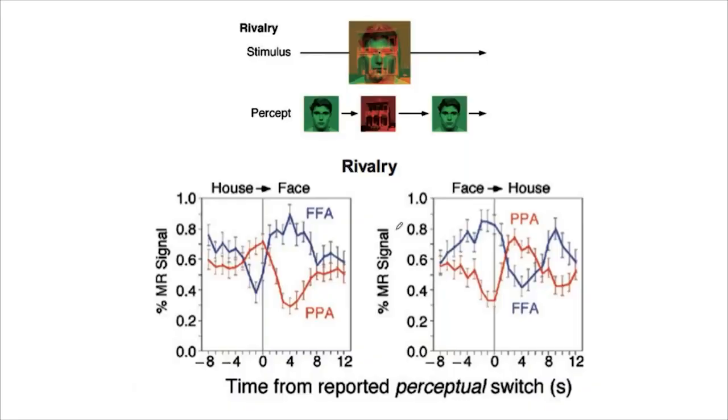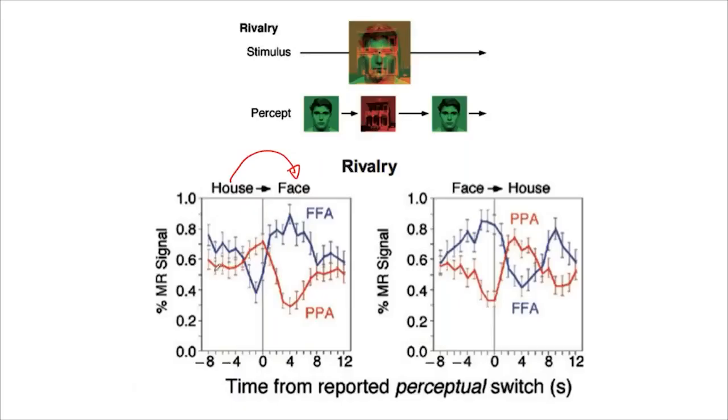And if we do this, whenever people report that the house is changing to face, it is on the order of milliseconds before or after. That's another interesting question, whether it's going to be just before or after. But what you see here is that we have the same changes in the activated area.